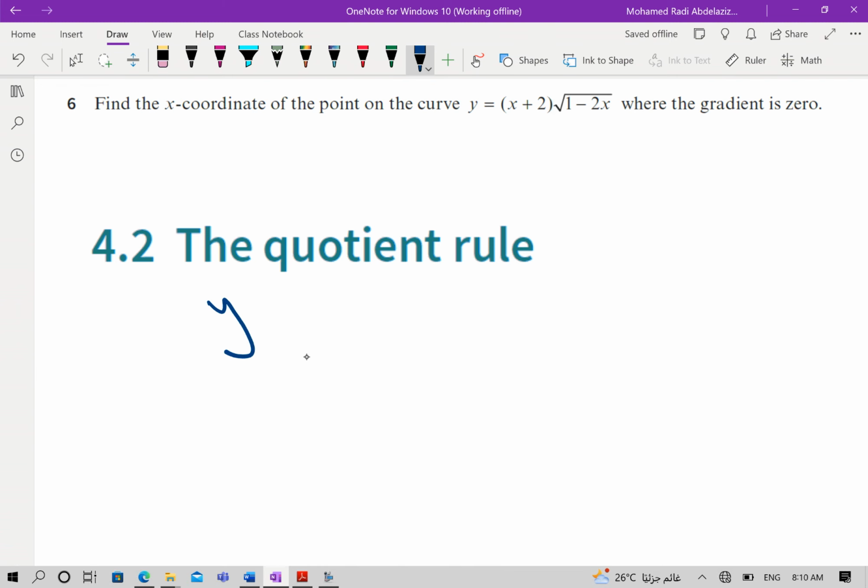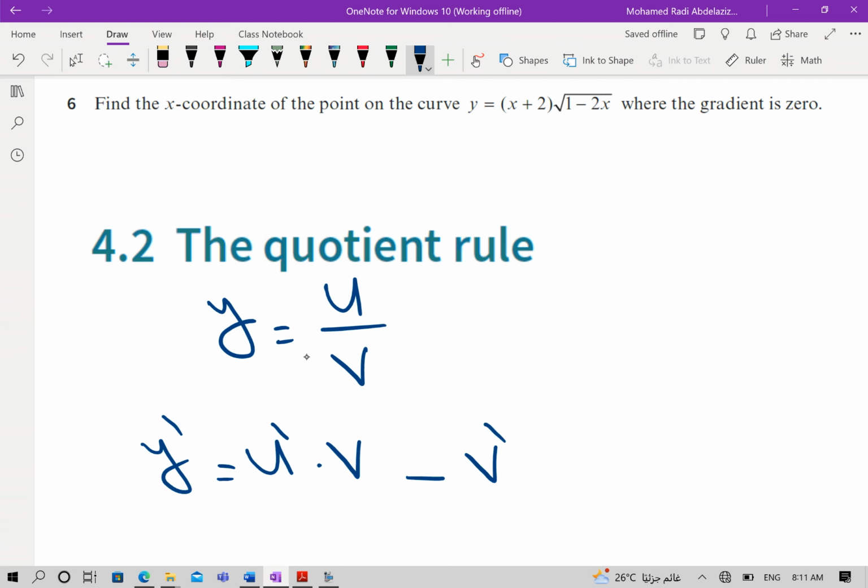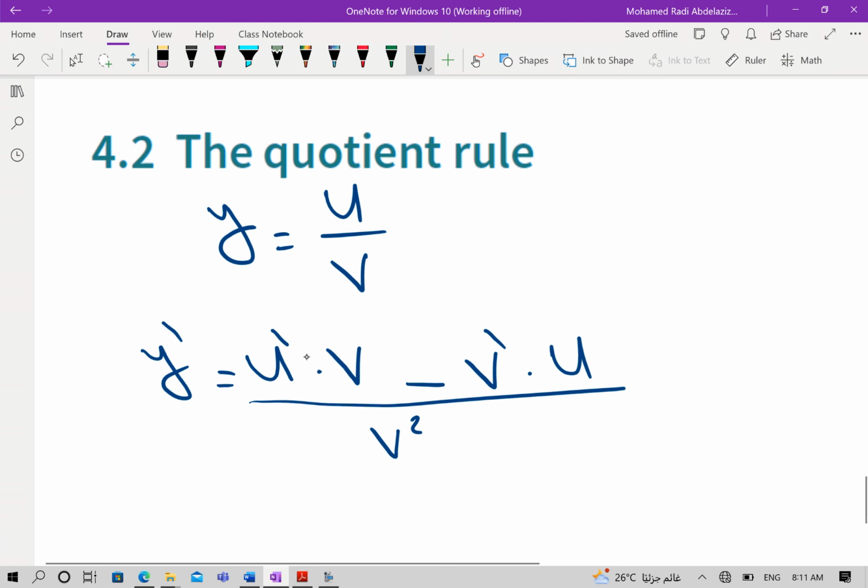If we have a function y equals u over v, to get the derivative of the function: differentiation of first multiplied by second, minus differentiation of second multiplied by first, all divided by v squared. Again, differentiation of first multiplied by second minus differentiation of second multiplied by first, divided by the square of the denominator.